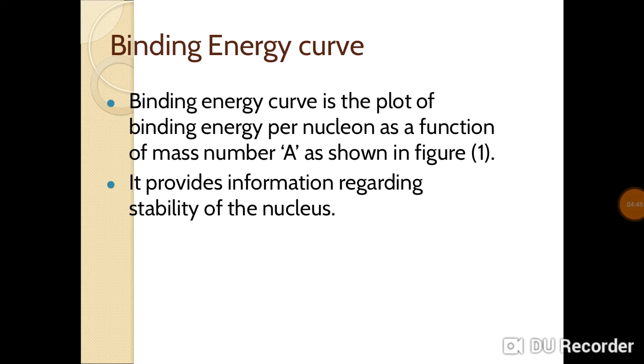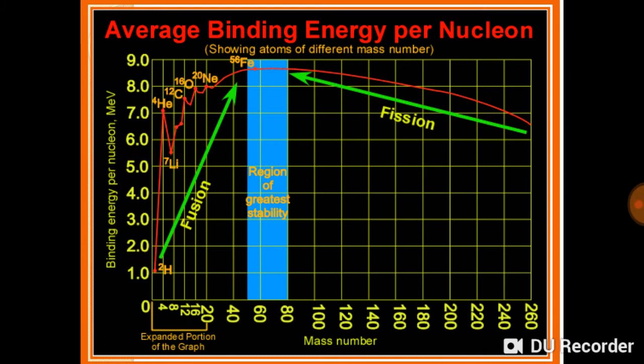Binding energy curve is the plot of binding energy per nucleon as a function of mass number capital A. It provides information regarding stability of the nucleus. Figure shows binding energy curve. The binding energy curve at first rises steeply. It shows a few peaks at A equal to 2, 4, 8, 12, 16 and 20.